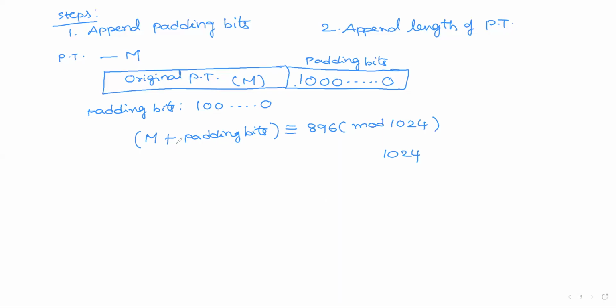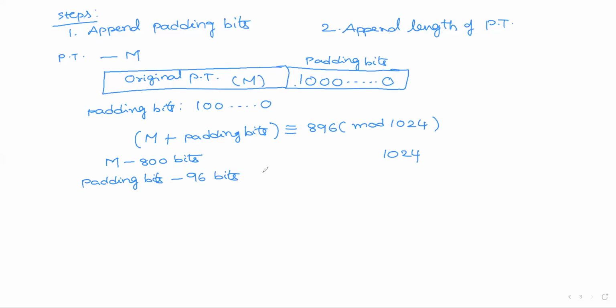If your original plain text M consists of, for example, 800 bits, then how many padding bits do we take? The number of padding bits is 96 bits.